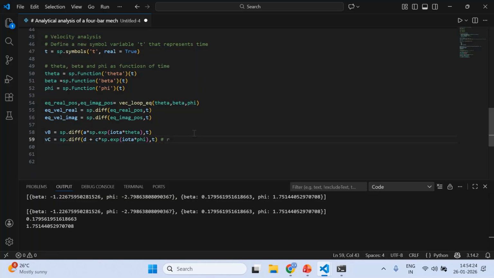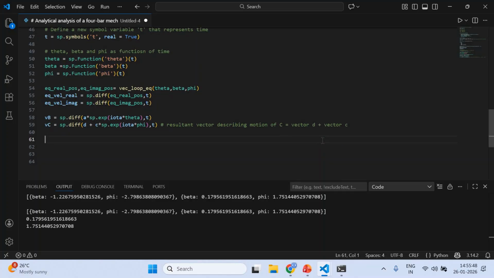So let me just write down here. So the resultant vector describing motion of C, this is simply equal to vector D plus vector C. So you can have a look at the diagram that we discussed in the previous session, and you can simply infer from that the resultant vector that is actually going to describe the motion of point C, it is the summation of vector D and vector C.